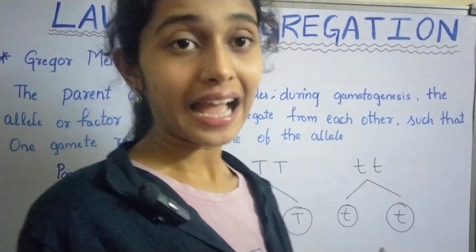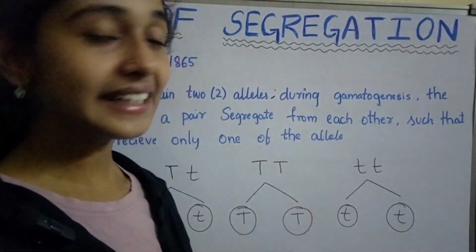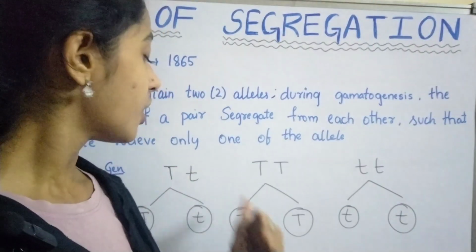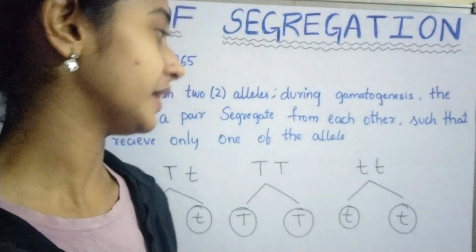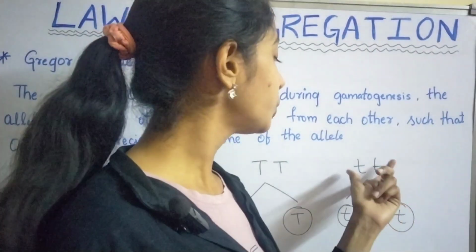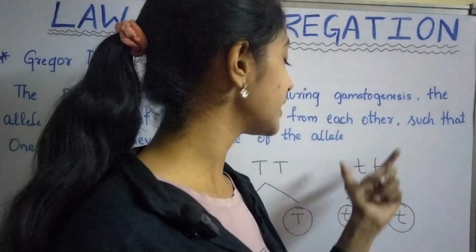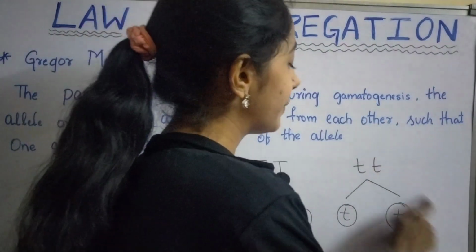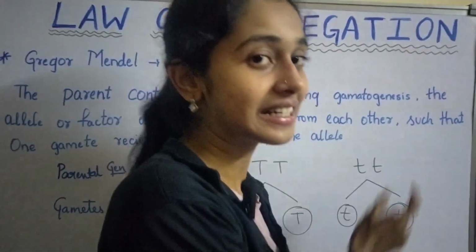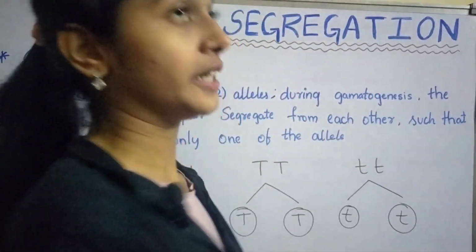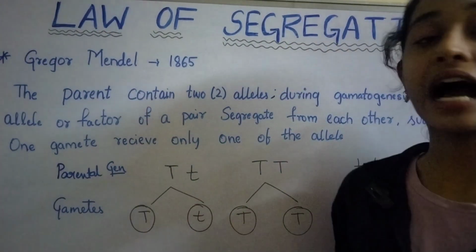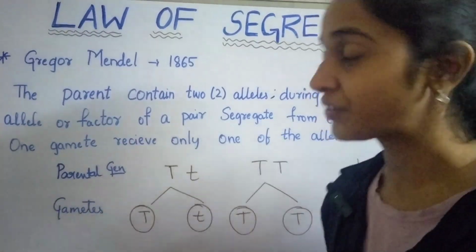Similarly, in this case, one gamete has received capital T and the other one is also capital T. In this case, there are two alleles, that is small t, and one gamete has received small t and the other one has also received small t. Okay, this is how the segregation takes place.